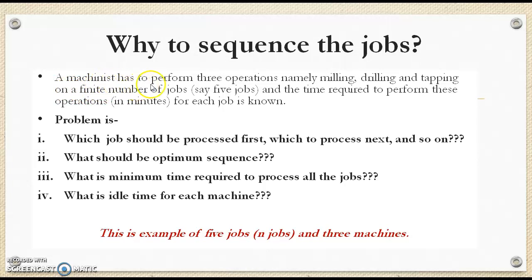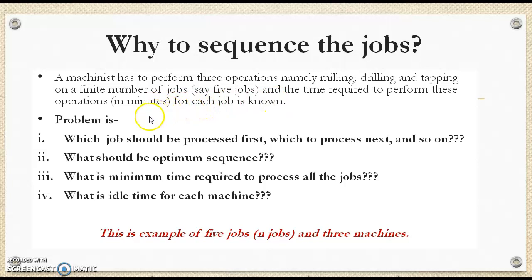A machinist has to perform three operations, namely milling, drilling and tapping, on a finite number of jobs, say 5 jobs, and the time required to perform these operations in minutes for each job is known to us.